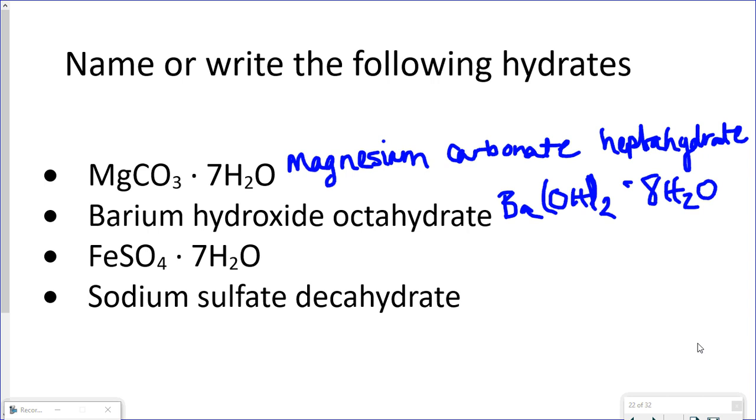We have FeSO4 dot 7H2O. So look at the ionic compound first. Fe, remember, is iron. Iron is a transition metal, so we are going to need our charges in Roman numerals. SO4 is sulfate.